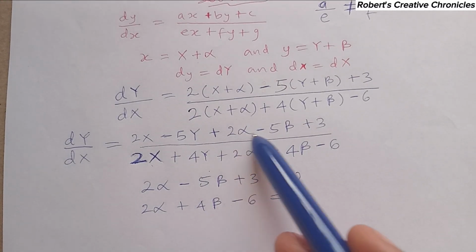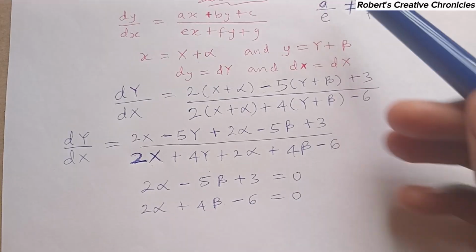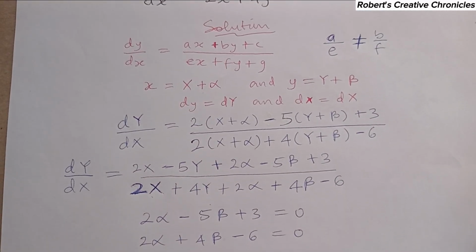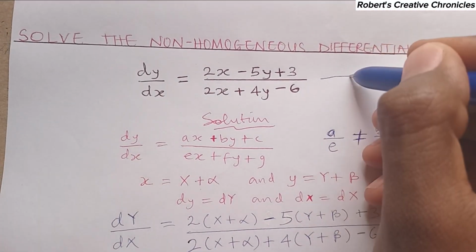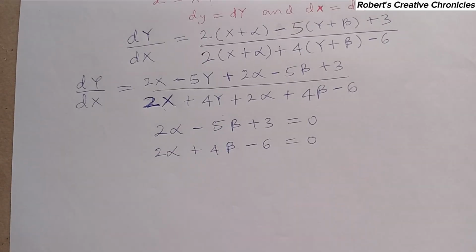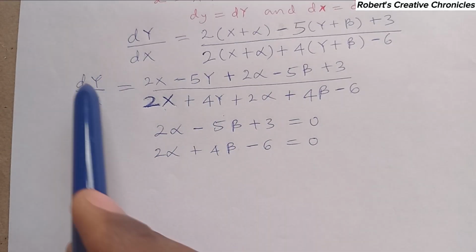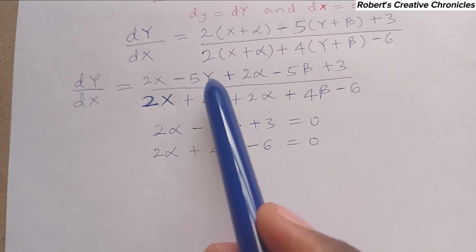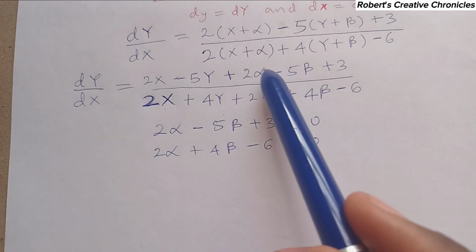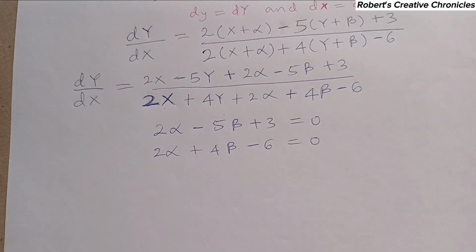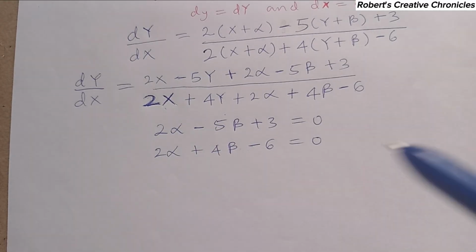Now this whole place is 0, and this whole place is 0. So this equation, we'll call it equation 1, can be expressed in terms of 2X minus 5Y and 2X plus 4Y without the constants added to it. So this has now become a homogeneous equation. But let's find alpha and beta first.